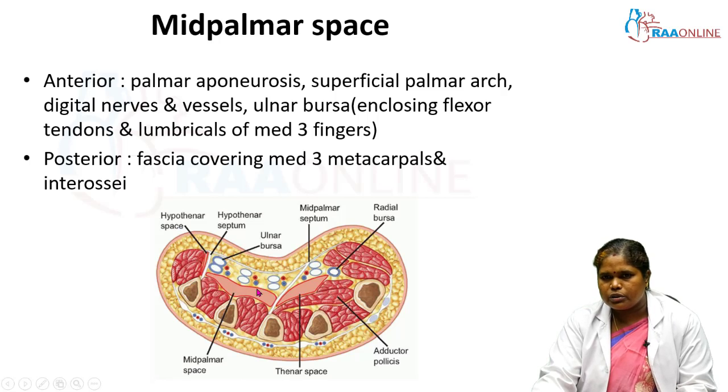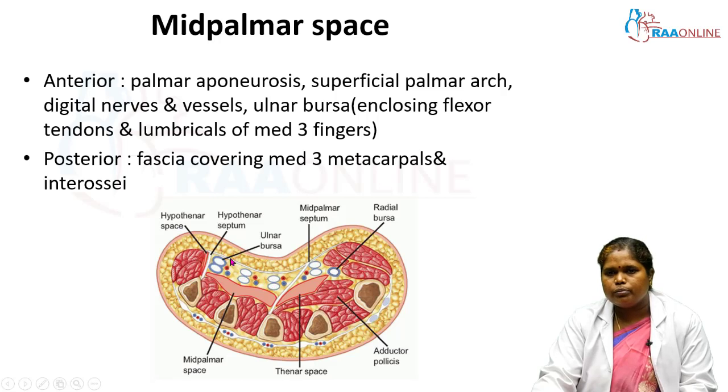So, this is going to form the anterior boundary, along with the neurovascular structures, the digital vessels and nerves which are supplying the medial 3 fingers. All these structures are going to form the anterior boundary.